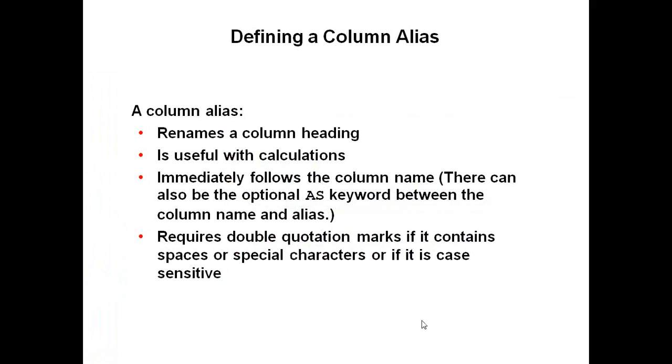As you can see, a column alias is going to rename a column heading, and column aliases are useful especially with calculations. The alias should immediately follow the column name, and you can use the AS keyword or it will work without the AS keyword also. And if you want to maintain a space or a special character in the column alias, then you need to give that in double quotes. So these are the different things that we have.